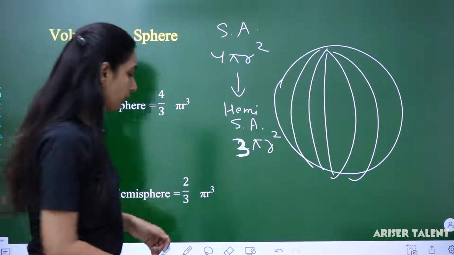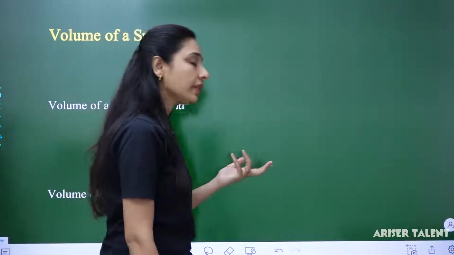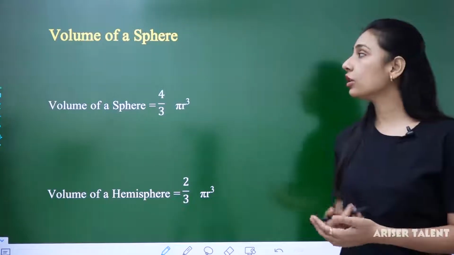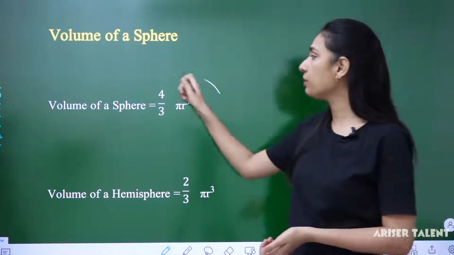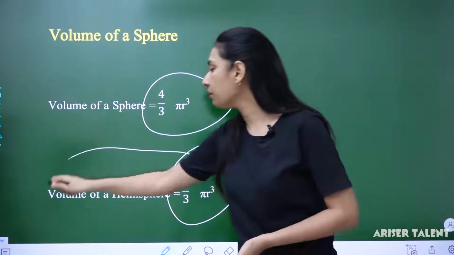Okay, so we have talked about the surface areas of sphere. Now we will be talking about the volume of sphere, which is 4 by 3 pi r cube, and 2 by 3 pi r cube if we will be talking about the hemisphere.